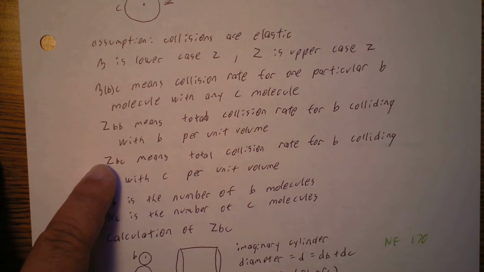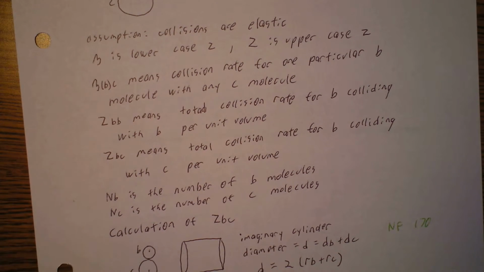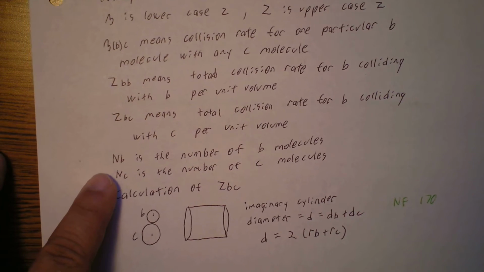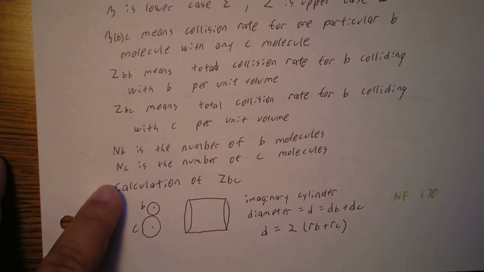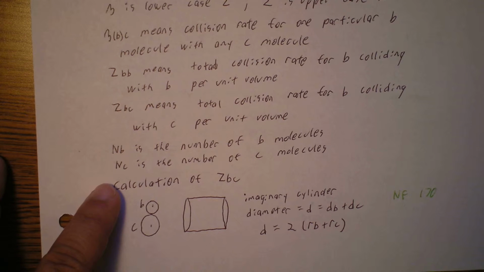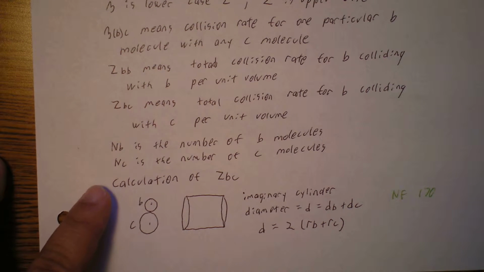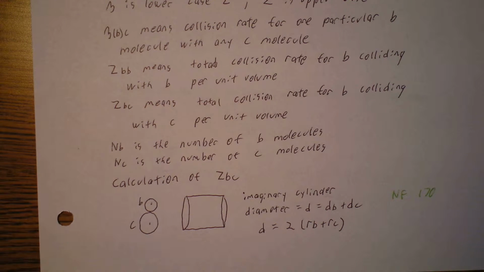And so Z_BC would mean the total collision rate for any B molecule colliding with C molecules per unit volume. We're going to have N sub B be the total number of B molecules, and N sub C the total number of C molecules. So what we want to do is find what is Z_BC.